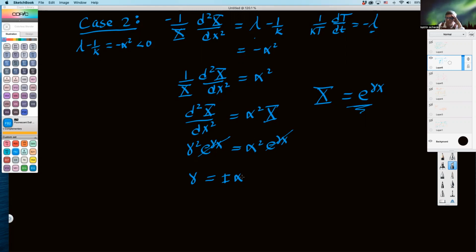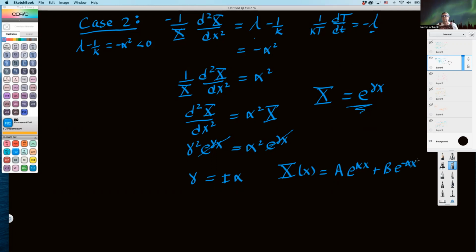And so that means that I have the solution for big X, some constant a times e to the alpha x plus b times e to the minus alpha x.